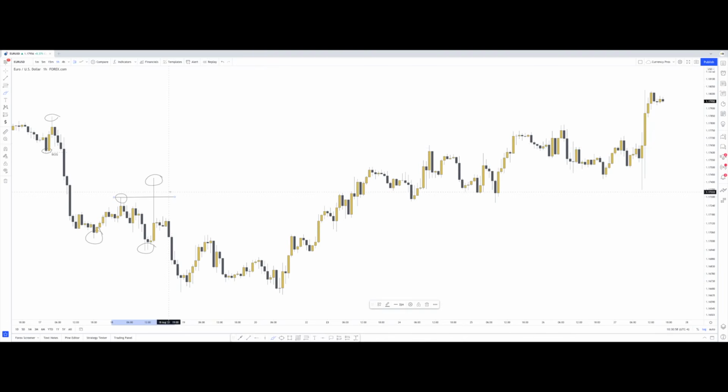I would wait for some full body candlesticks to close above that structure because that would show me that the real sentiment is changing. So although these are structural points within the market, it doesn't let me change my bias just yet, and I'm not going to be looking for long positions in this scenario. It would still be a bearish market in my mind.